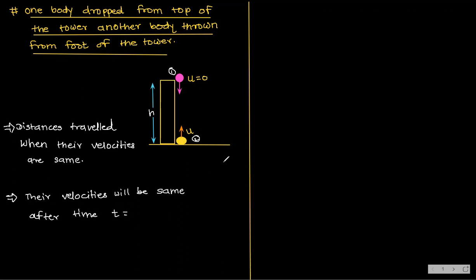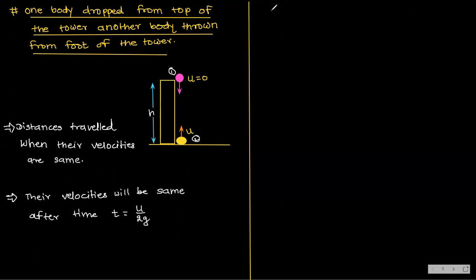Tell me how much we got: u by 2g. This we have seen, the derivation also we have seen in the last class. So their velocities will be same after time t equal to u by 2g. Okay. And now what we have to find? Distances traveled when their velocities are same.